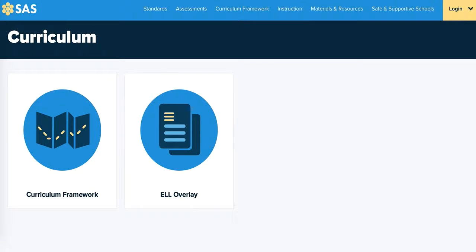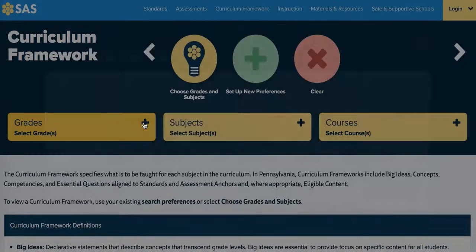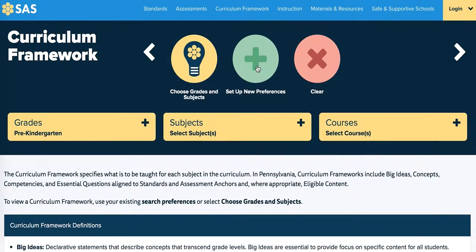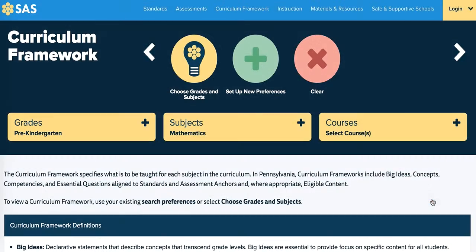Again, it was the tab right there at the top. You don't always have to go out to that flower. Once you select Curriculum Framework, you select it again, and we're going to go back to choosing our grade level and our subject area. So our grade level was pre-K, and we save and close. And our subject area was math, and we save and close.